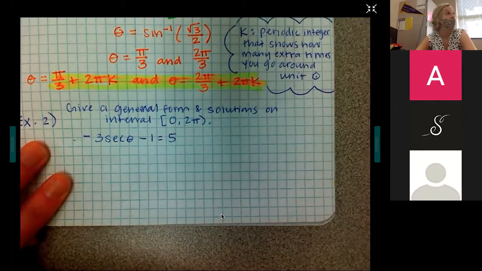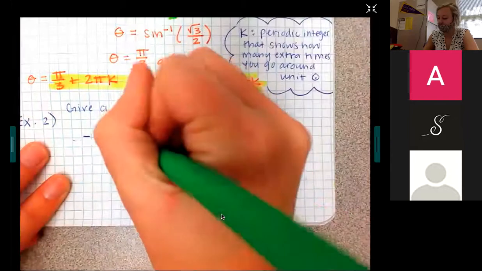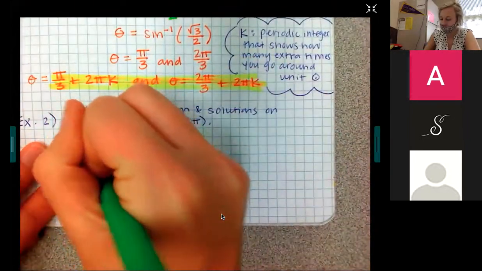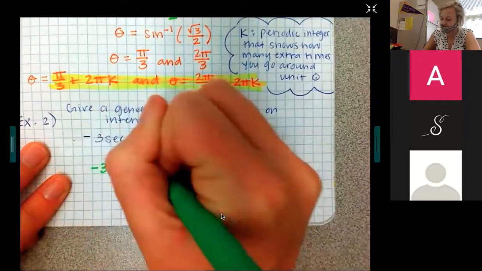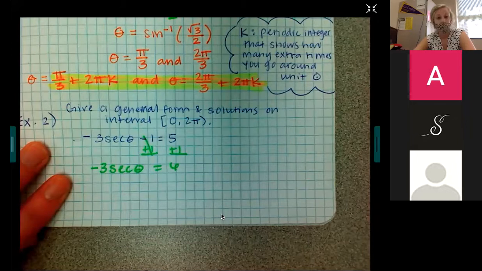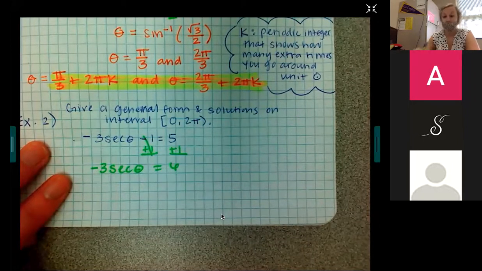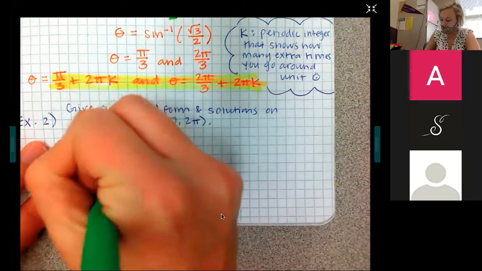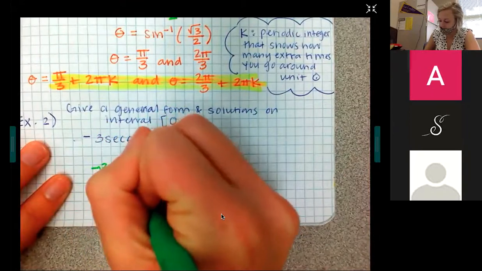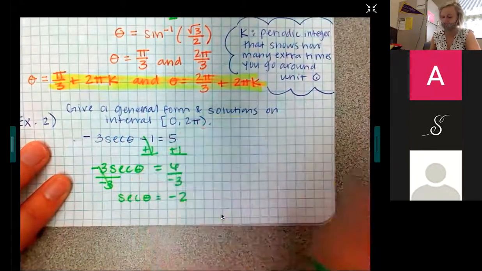So what would we move first to get theta by itself? Good, +1. What's 5 plus 1? Great. So does everybody agree we get -3 secant theta equals 6? Okay, what would you do next to get theta by itself? Divide by -3. And so then we get secant theta equals -2.